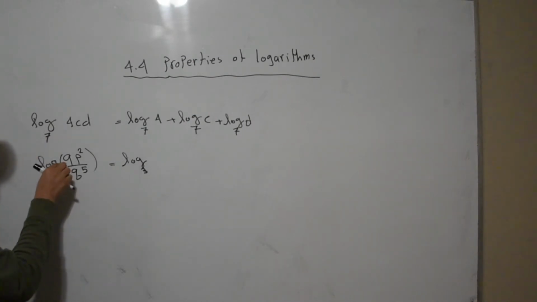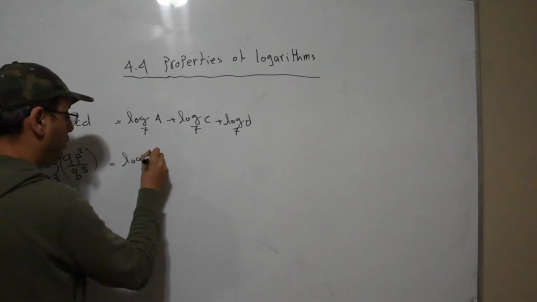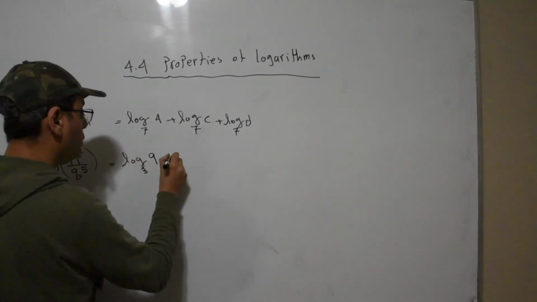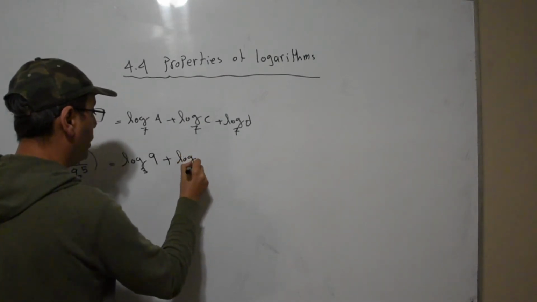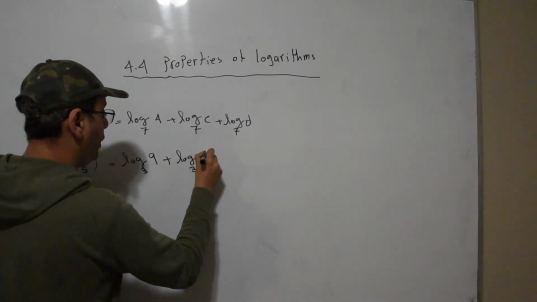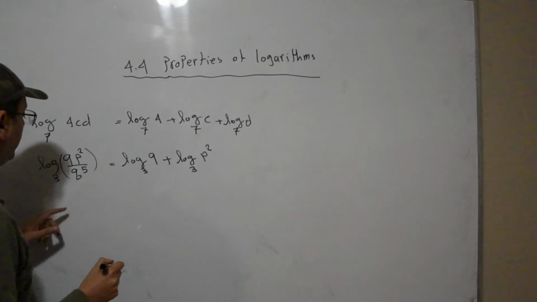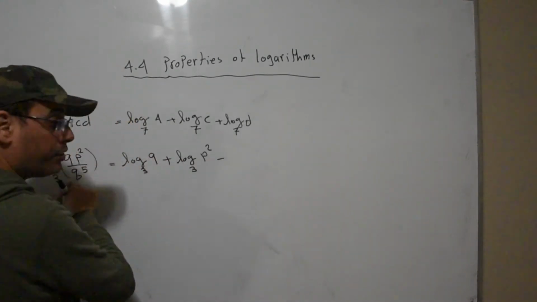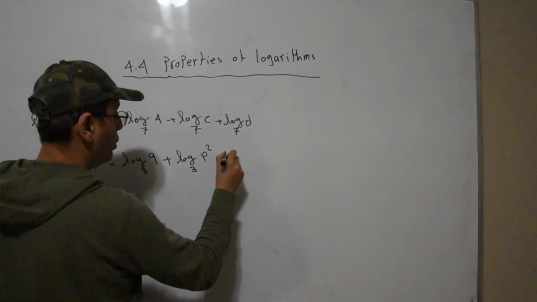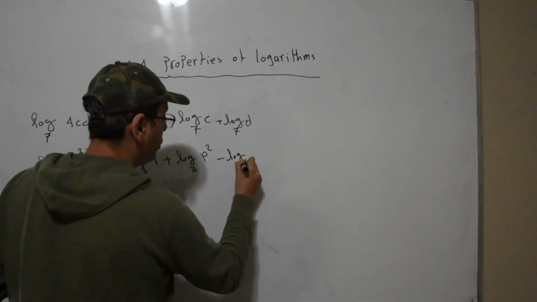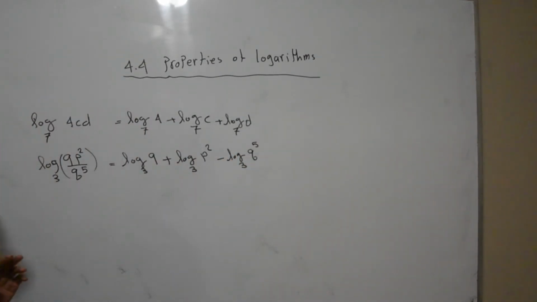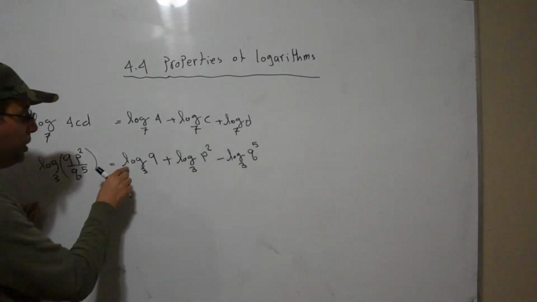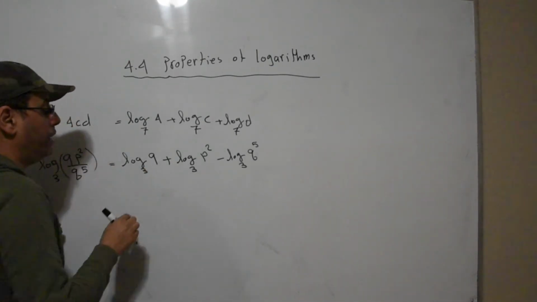We start with the numerator first. So I have log base 3 of 9 plus log base 3 of p squared minus, because this is the denominator, log base 3 of q to the 5th. Am I done? No. What is log base 3 of 9?